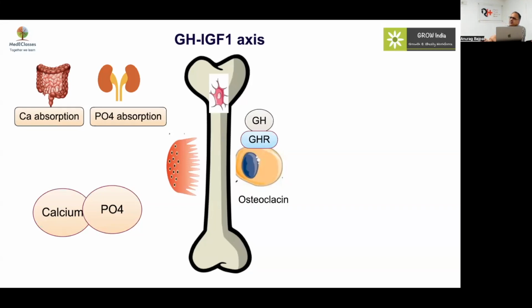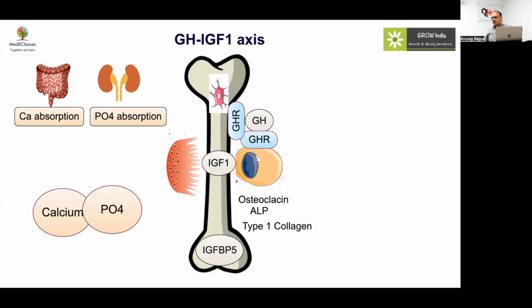It is going to increase your osteoblast, osteocalcin, alkaline phosphatase, type 1 collagen, all formation markers. There are also osteoblast independent effects of growth hormone directly on the bone using IGF-1, which is going to cause increased bone overall. So growth hormone is good for the bone from that perspective.